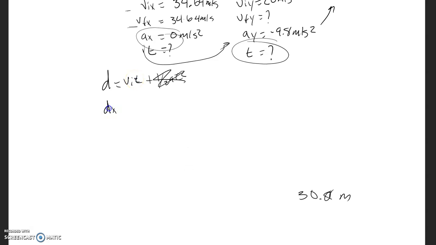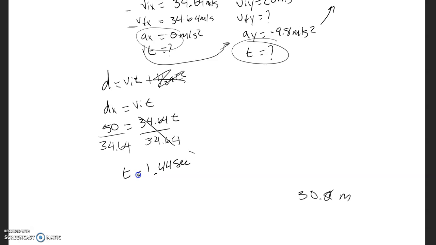You have dx is equal to vi times time, so 50 is equal to the initial velocity in the x direction, 34.64, times time. How do you solve for time? Divide by 34.64, and you get 50 divided by 34.64, which gives you a time of 1.44 seconds.